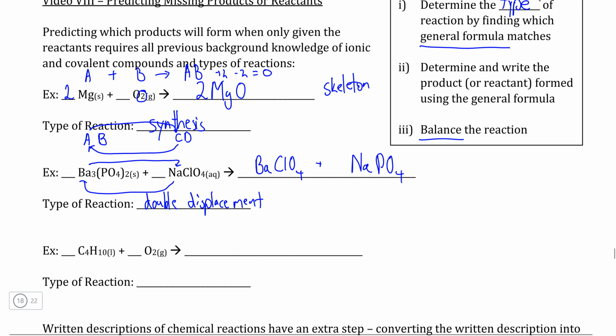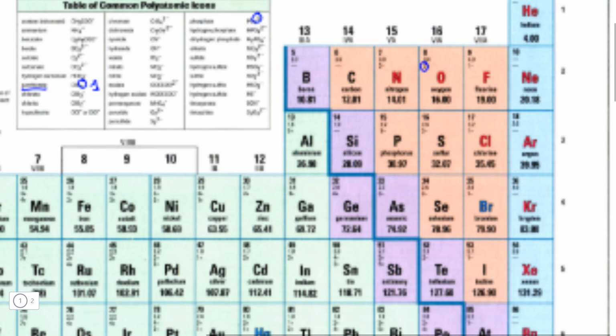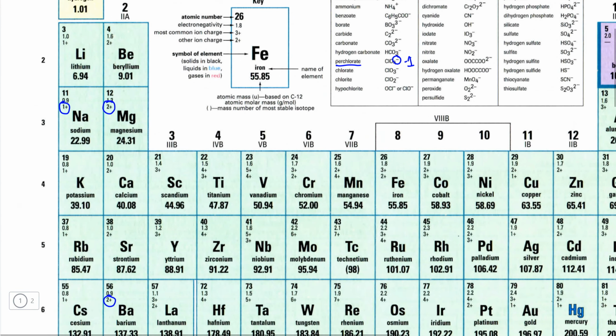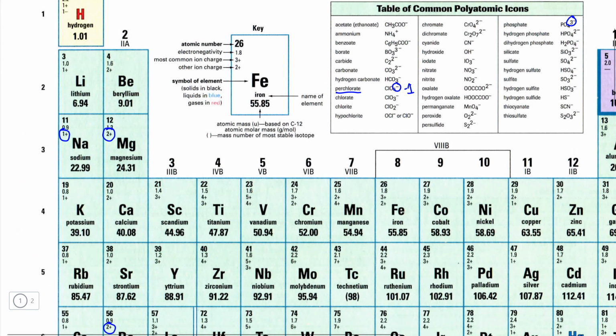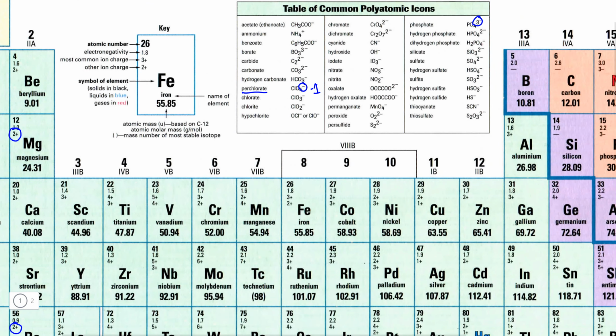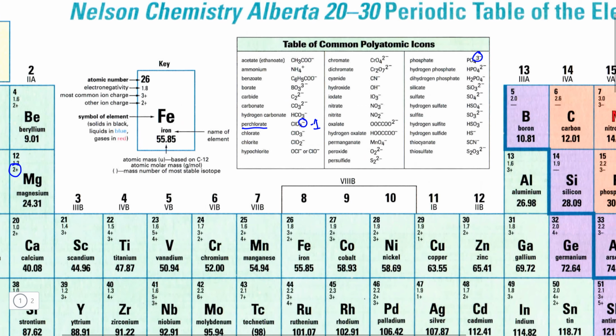And in order to get our correct skeleton equation, we can check the periodic table to confirm what the charges are. So barium has a charge of +2, and sodium as an alkali metal has a charge of +1. Perchlorate, which is a little tricky to find, has a charge of -1, and phosphate has a charge of -3.